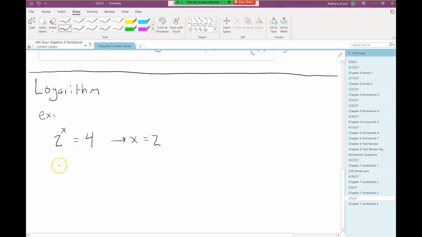If I had, say, 2 to the x is equal to 8, what's x got to be? 3, okay. Well, what if I have 2 to the x is equal to 6?